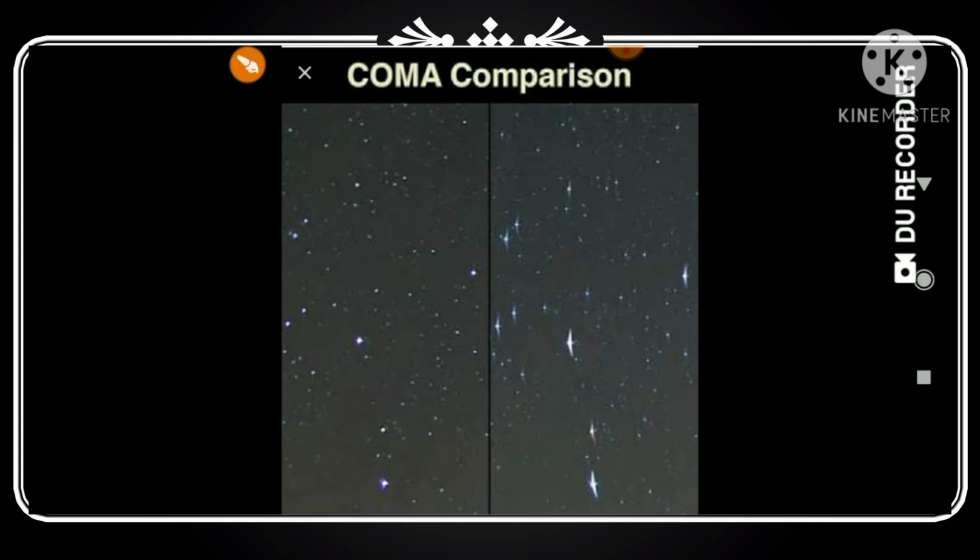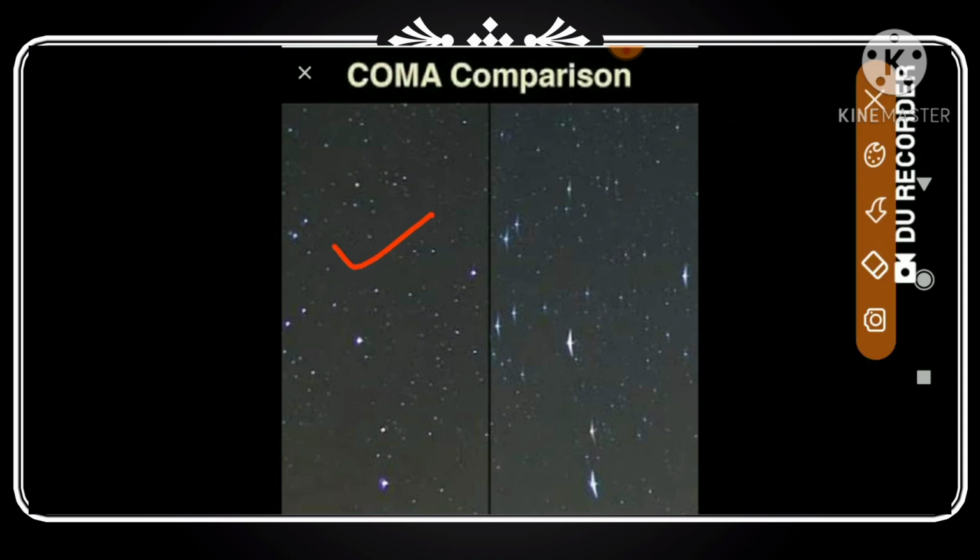So, coma comparison. In the first image you have seen, the point image is not dispersed. In the second figure, the images are dispersed, meaning spreading of the stars takes place here.